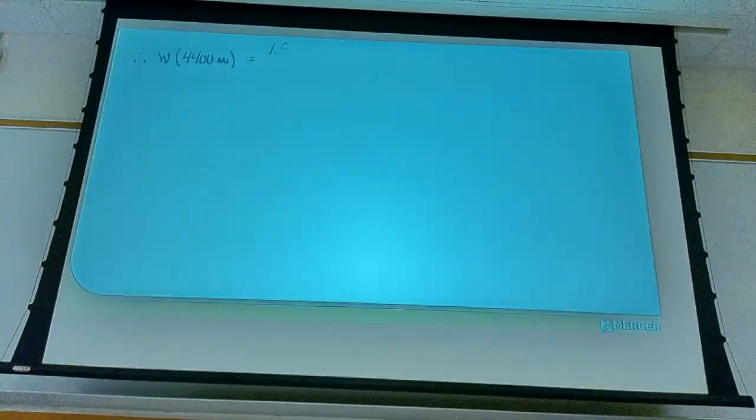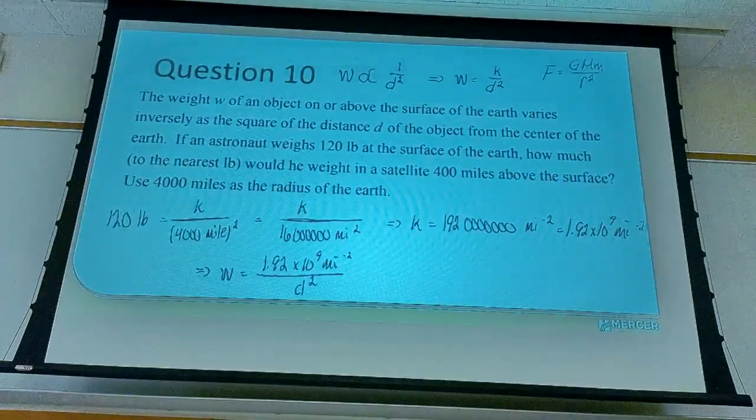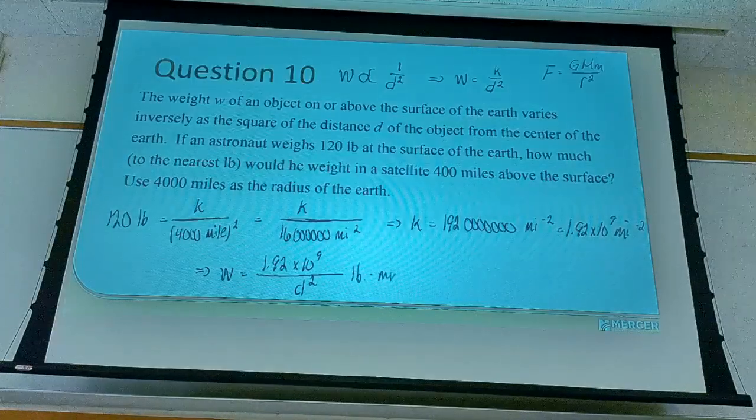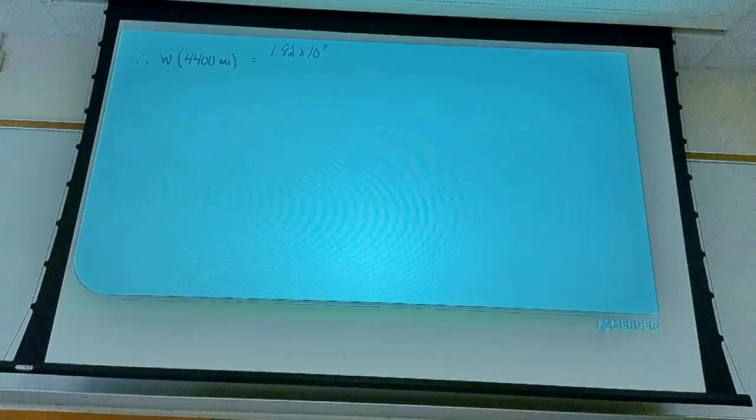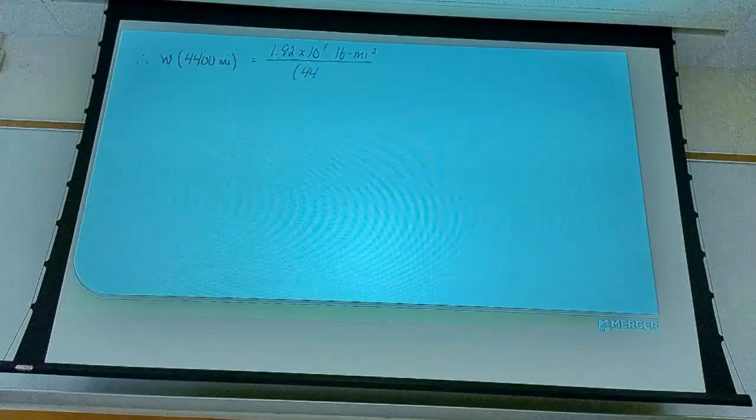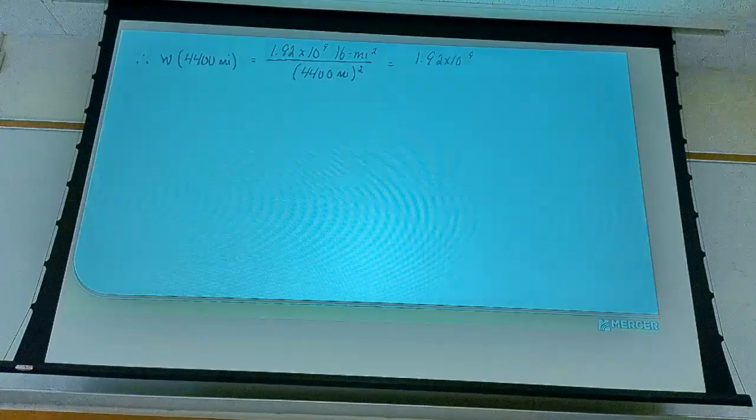1.92 times 10 to the 9th. That should not be in your square mile, that should be pounds times square miles. Now 4,400 squared.